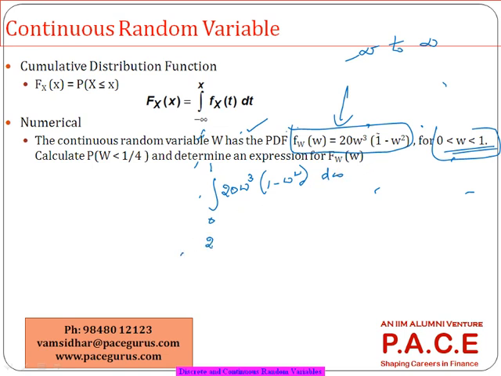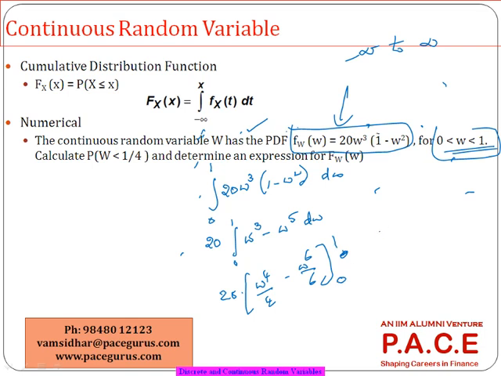I'll take out the constant and expand it: w cube minus w power 5, dw. Now, the integral of w cube is w power 4 by 4, and of w power 5 is w power 6 by 6, between 1 and 0.